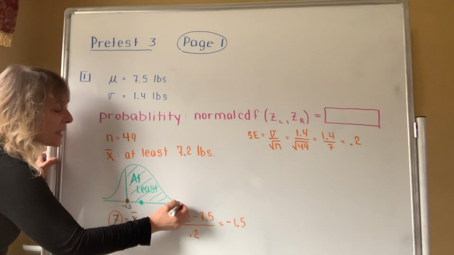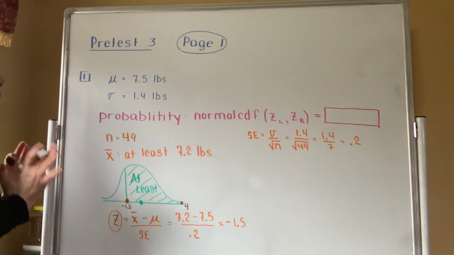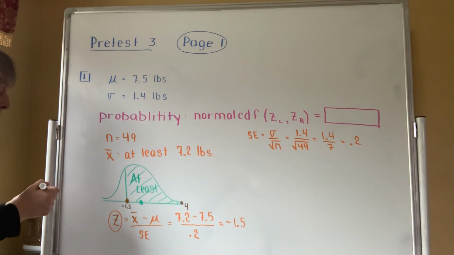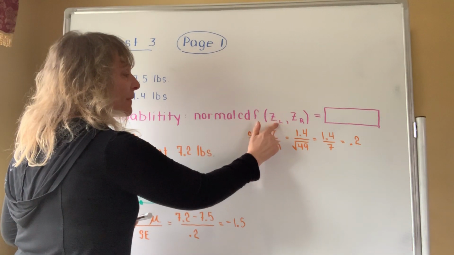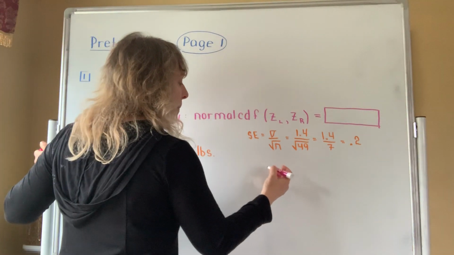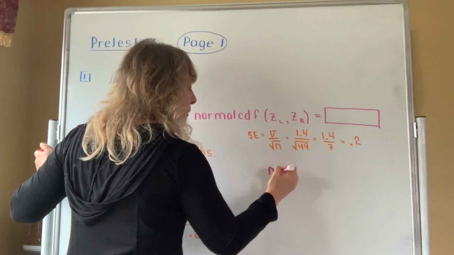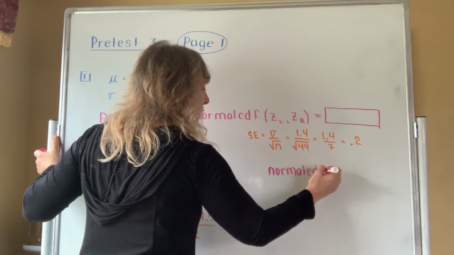But the z-score at the other end is always 4, right, when you get to the end. So therefore, how do I do this? Well, in the pink, it says do normal CDF, left z-score to right z-score. So I'll write down in pink again. It is normal CDF.